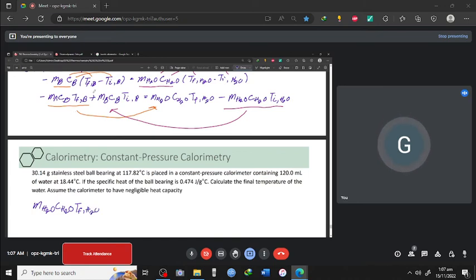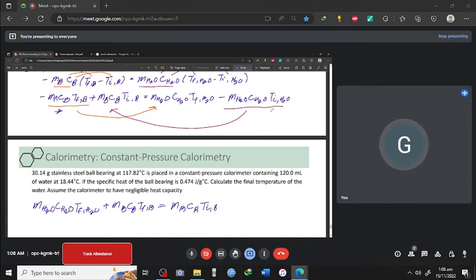Tapos, trinanspose natin, ito, diba? Itong orange part na to sa kabila. So, that will be positive MBCB TFB. Okay? Tapos, nasa kabila naman yung mga initial temperature. So, that will simply be MBCBTIB.